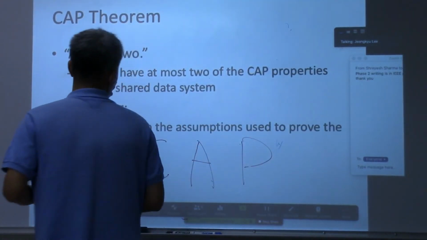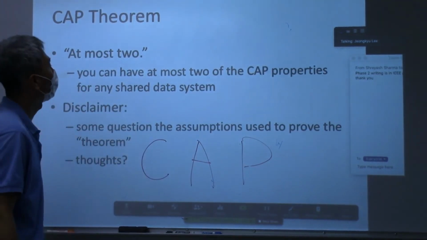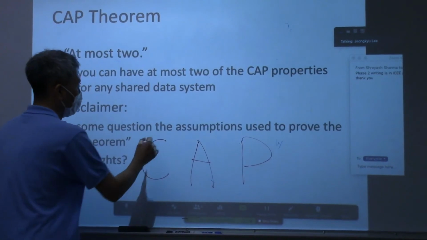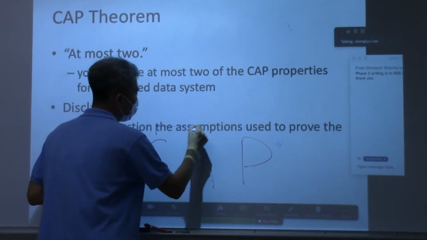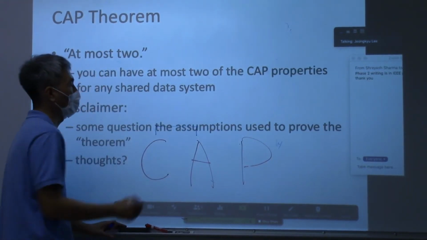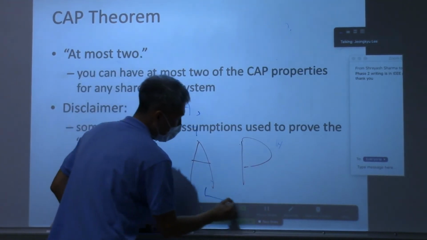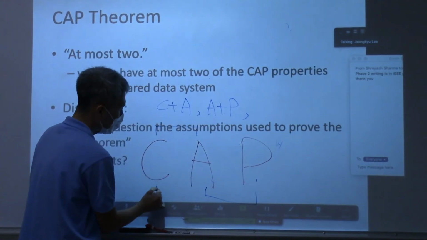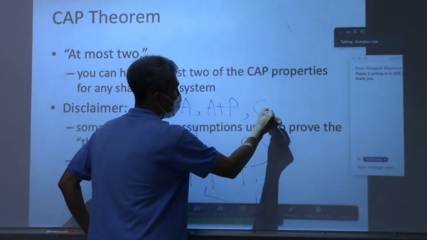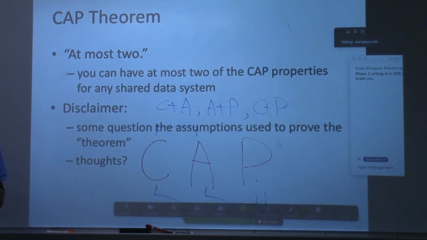Among these, the CAP theorem means only 2 of them are possible: C plus A, consistency plus availability, or A plus P, or C plus P. Not all 3.